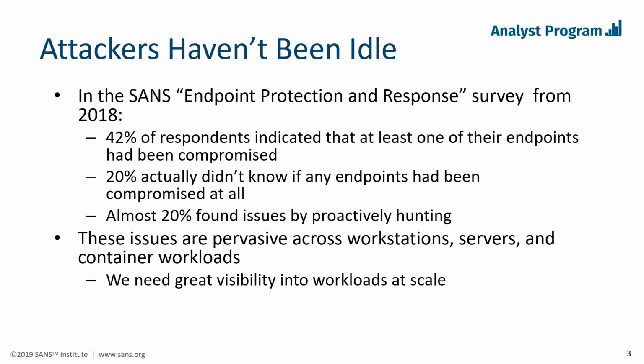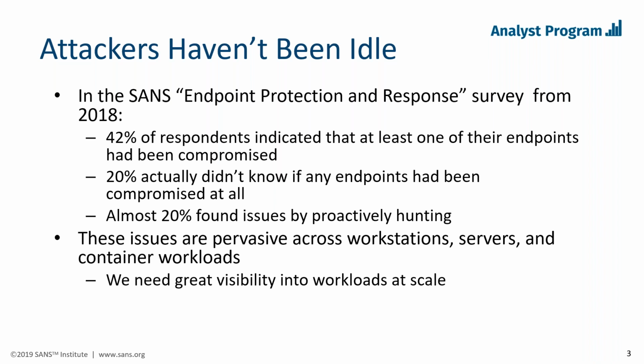Because 20%, 1 out of 5 people, came back and said, hey, we didn't really know if our systems had been compromised at all. In fact, a lot of organizations said they were only told that they had problems at the endpoint by a third party that came and told them so. That's never how you want to find out that you have a compromised system or a set of systems in your environment. So that's not good.